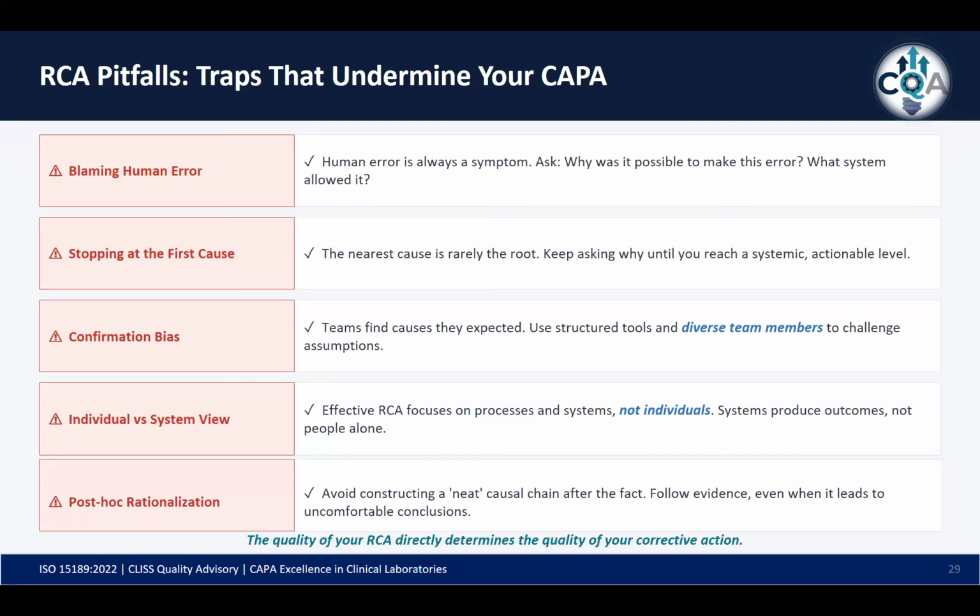And then confirmation bias. You have teams that are doing RCA, they already come with preconceived ideas. They already know what the problem is. So they are likely to be biased and agree on causes that they already expect.